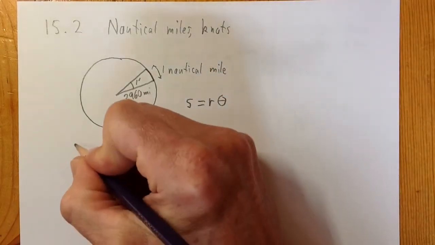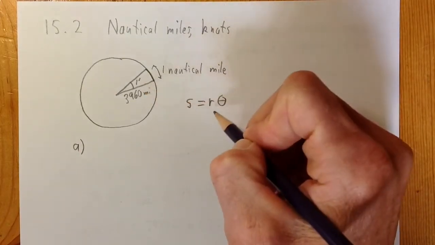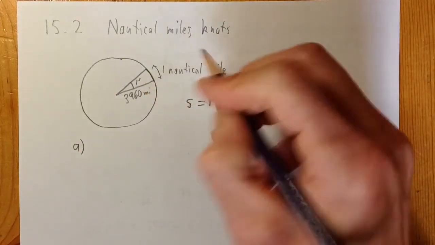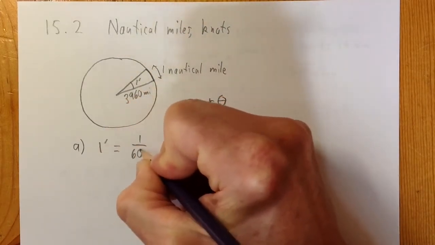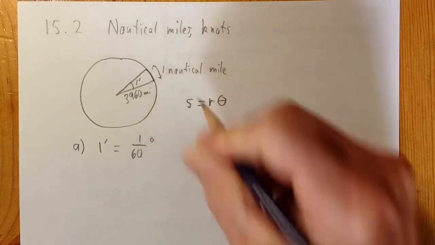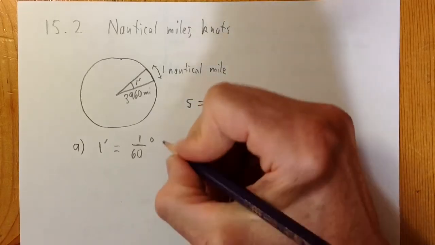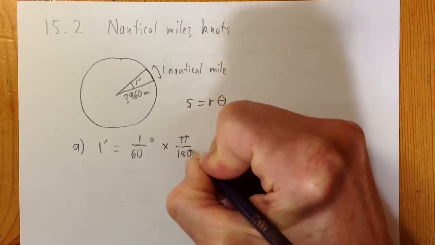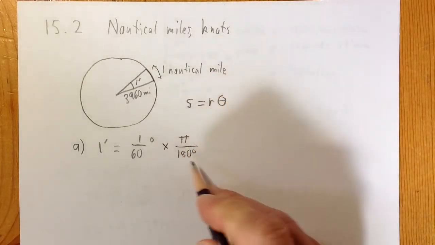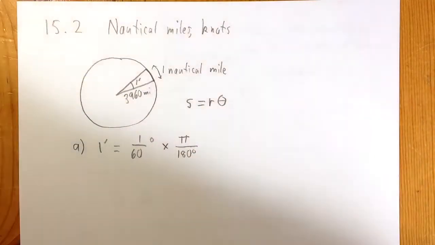So the first step, like in part A here, is we need to convert 1 arc minute into radians. 1 arc minute is the same as 1/60th of a degree, because there's 60 arc minutes in a degree. So 1/60th degree, if you change that to radians, you multiply by pi divided by 180. And we know that's right because the degrees cancel. And so that's how many radians we have.